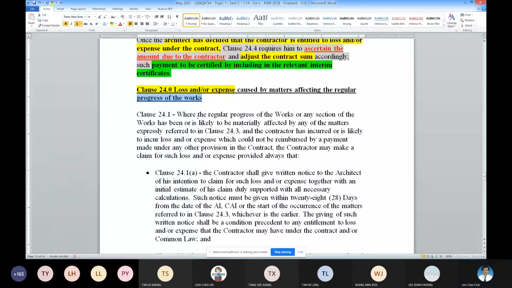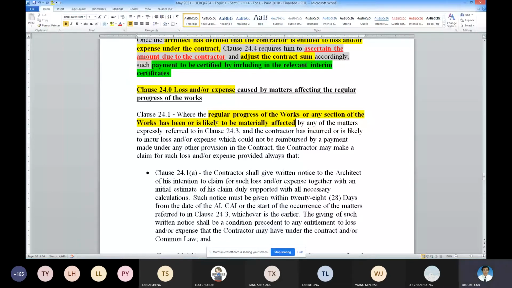Okay, so this is the important requirement. So the regular progress of the work or any section of the work is affected materially by what is due to delay. Majority is due to delay. So that's why clause 24.1 and clause 23 are closely interlinked.